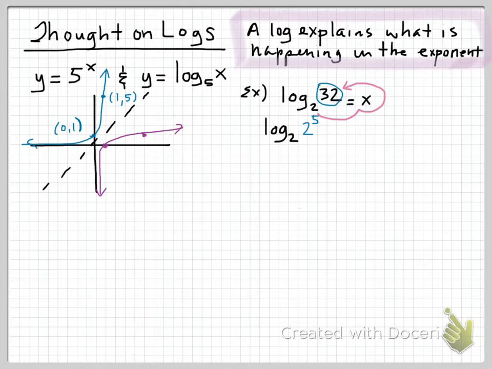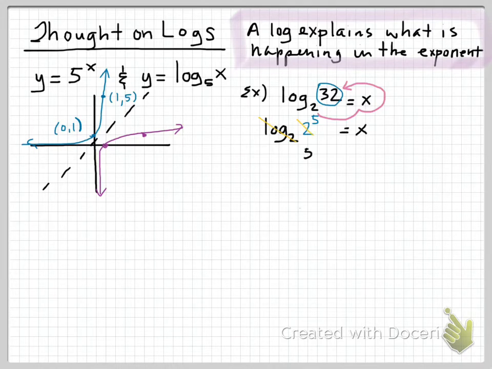Let's think of the inverse of a log base 2, which is 2 to something, 2 to the x, it's 2 to the exponential value. And I'm going to rewrite 32 as 2 to the power of something. So if I rewrite 32 as 2 to the power of 5, now I have the log and the exponential in the same equation, and I get to cancel them out.